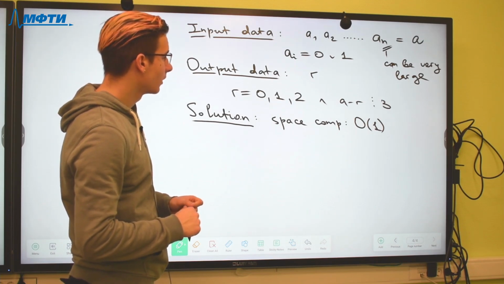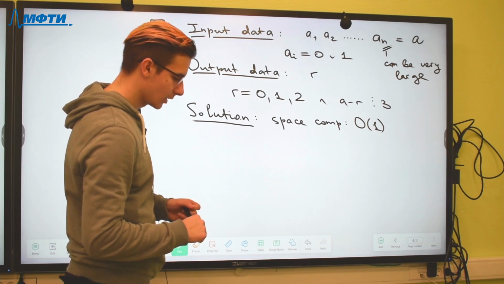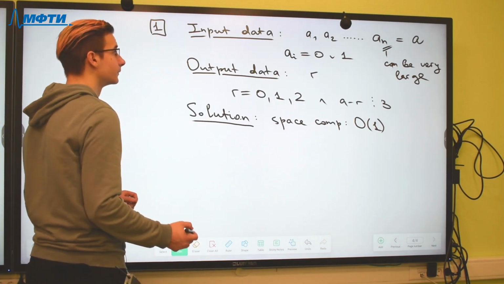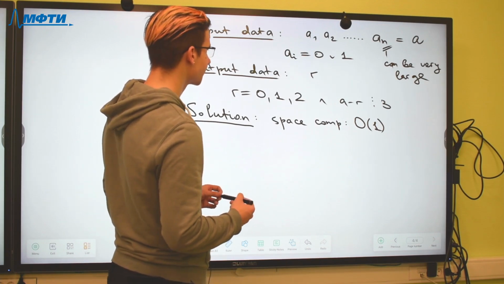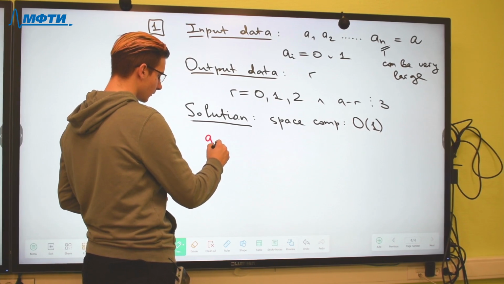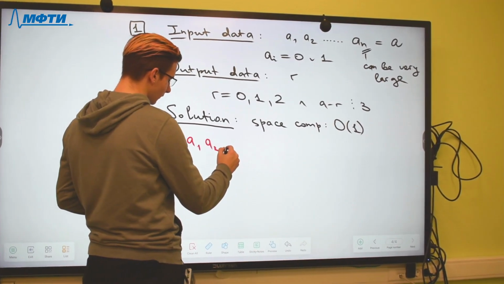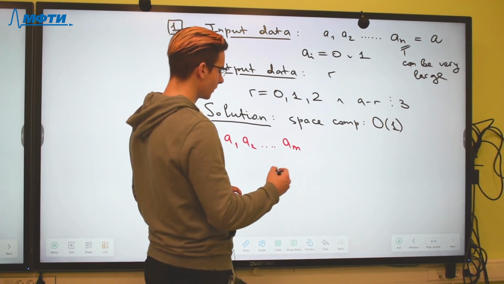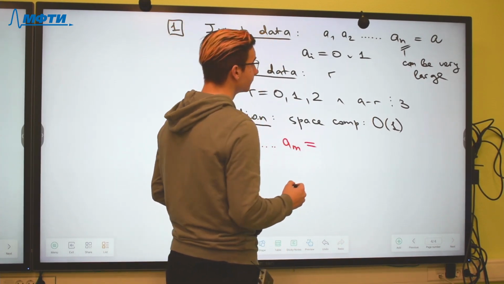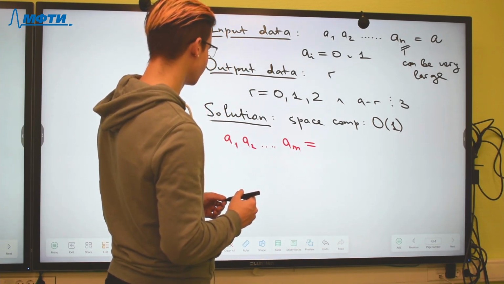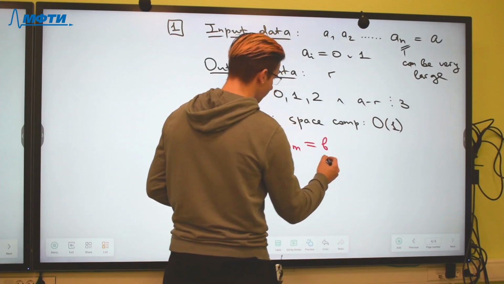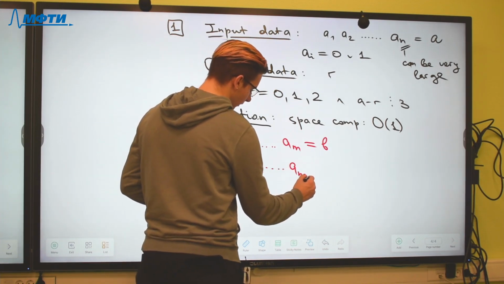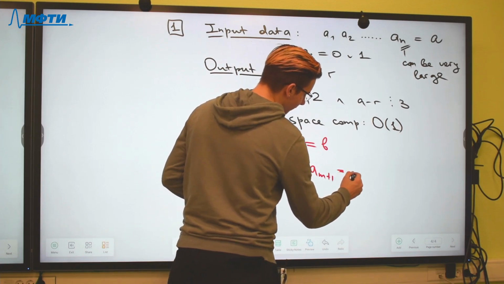So we can say that if we read some characters, maybe it will be equal to b, and this word will be equal to c.